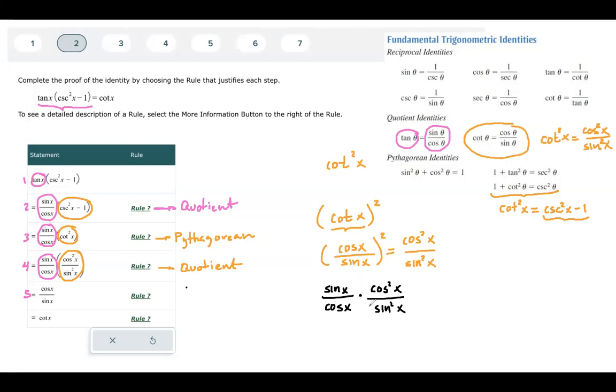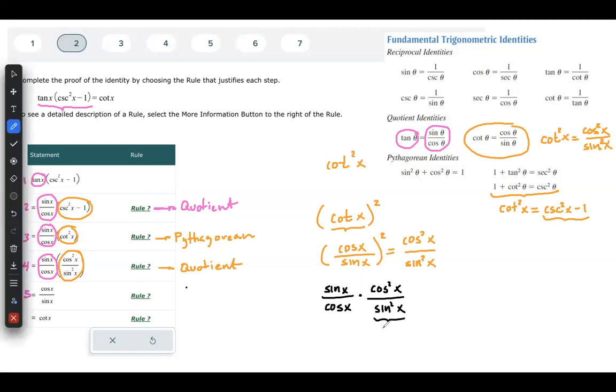If you think about it, sine squared is simply sine of x times sine of x, and same up here. That cosine squared is simply cosine of x times cosine of x. So if you think about that, you are simply canceling out sine with one of the sines, or the squared.